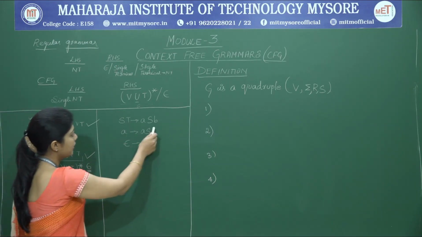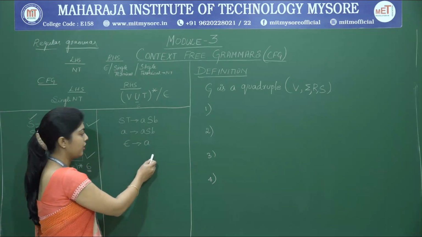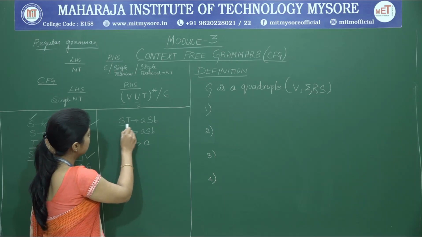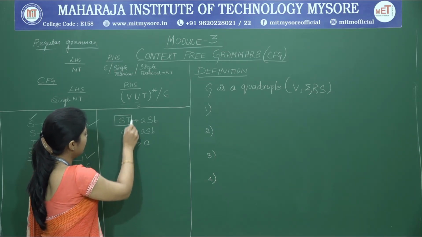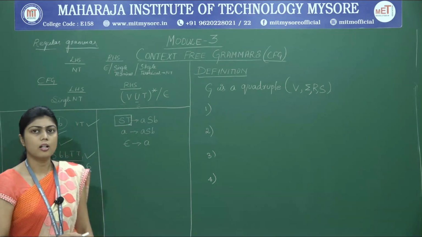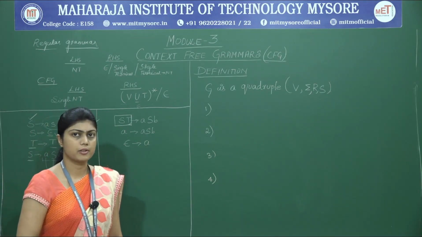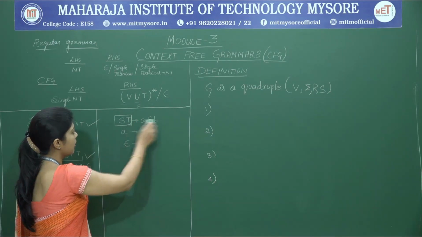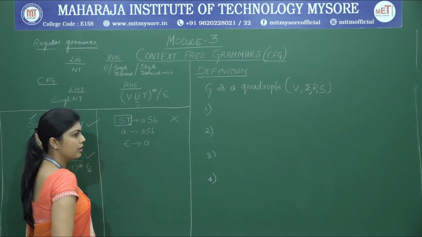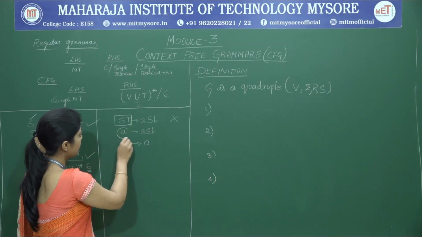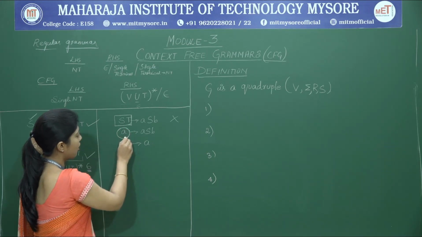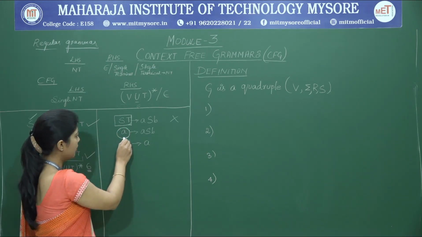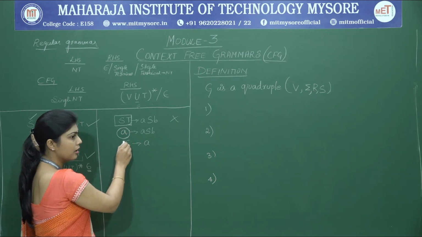But when we look at the production rules that I have written here, so ST, we can see here that it is not a single non-terminal that is present on the left hand side, rather there are 2 symbols. So therefore this is invalid. Next you can see that there is a non-terminal here, rather a single terminal here.